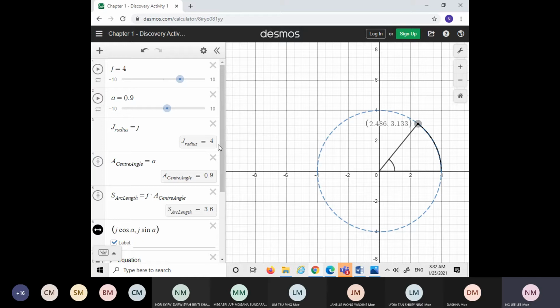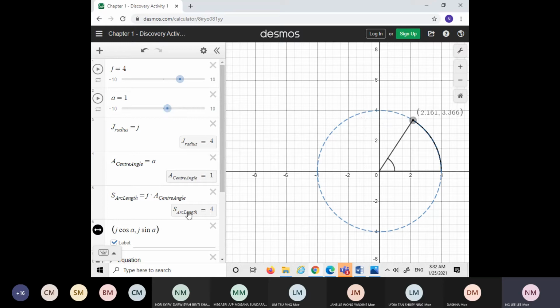I'm going to adjust this, which is the angle. The A stands for this angle, but the unit is in radian. You can drag. So I'm going to adjust it until you see 1.